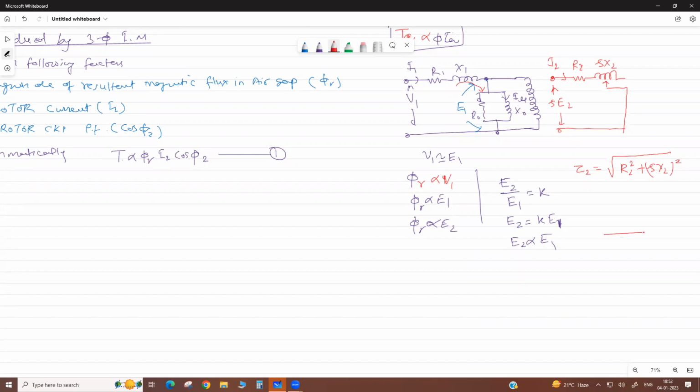This is your resistance of rotor, this is your reactance of rotor, and this will be your impedance. This is Z2, this is R2, this is X2. This is phi. Then the rotor circuit power factor will be R2 by Z2.